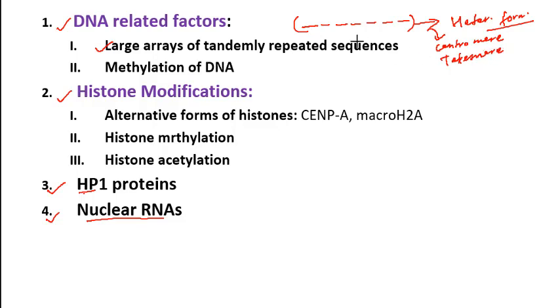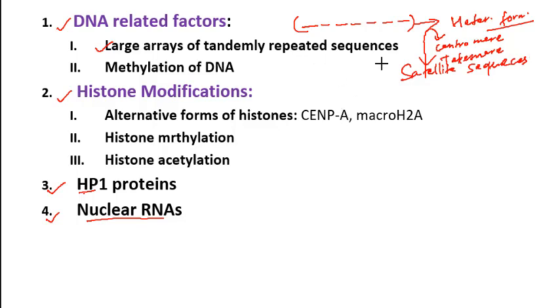This type of repeat, the same sequence repeated many times in tandem at the centromere and telomere, is called satellite sequence. So these sequences favor heterochromatin formation.